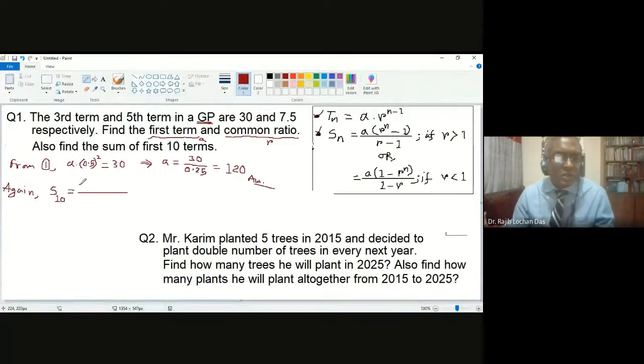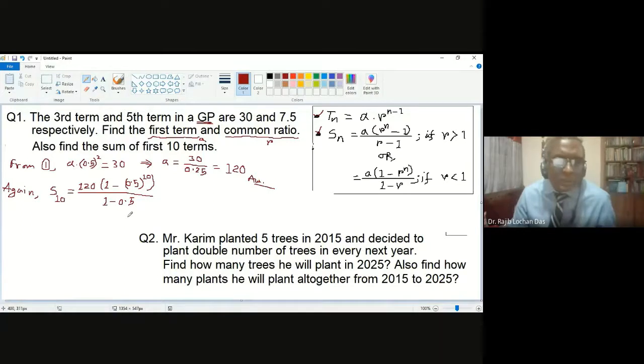It is 120 because you know a is 120. Within the bracket, you will write 1 minus 0.5 to the power 10, you can use a bracket here, and then close the bracket, and then divided by 1 minus 0.5. In the lower part it will be 0.5.